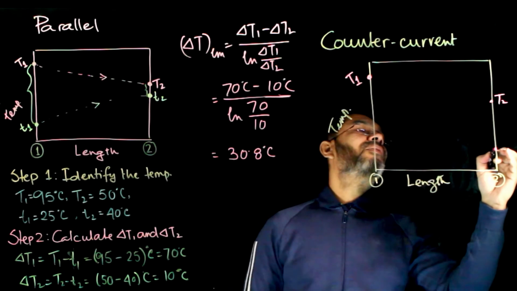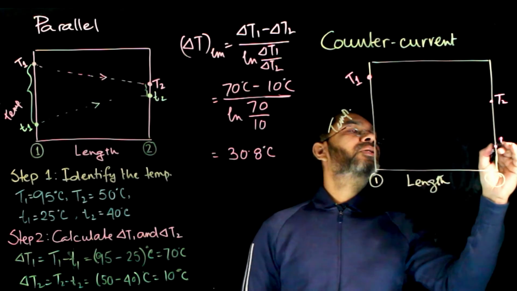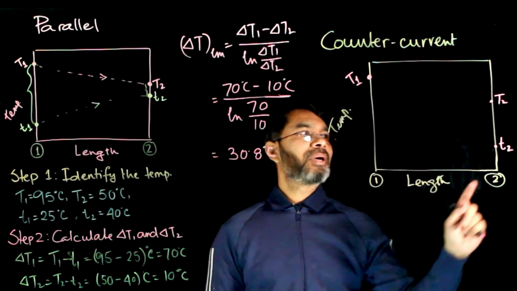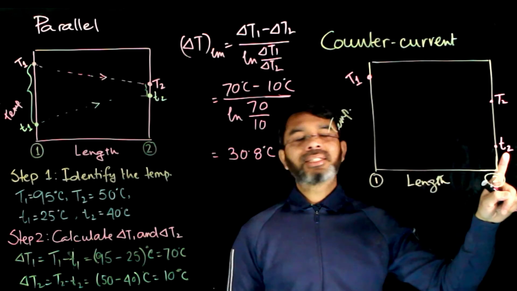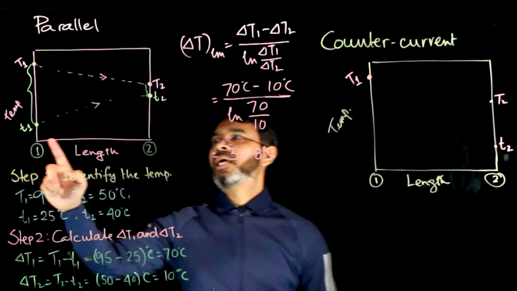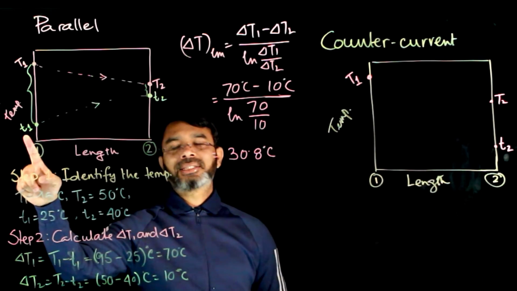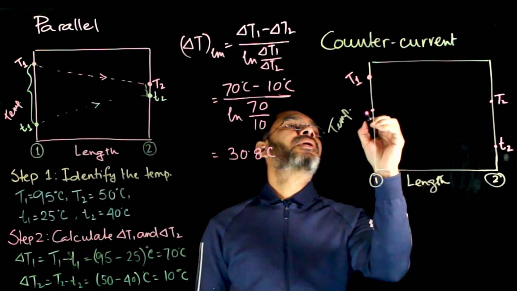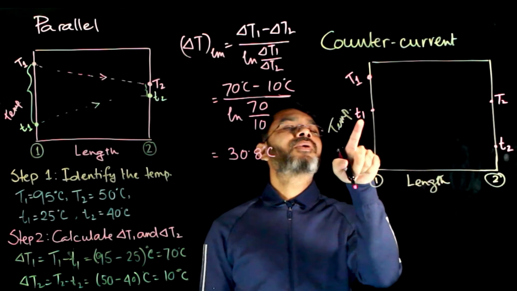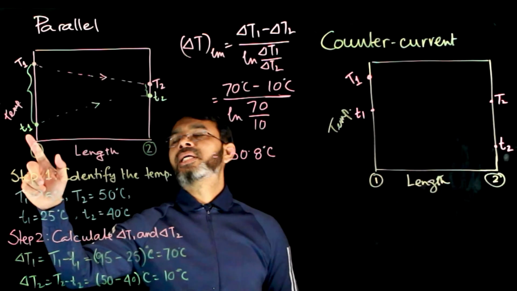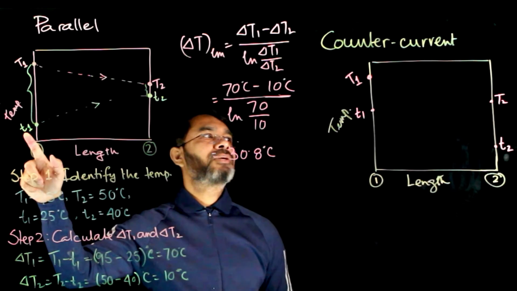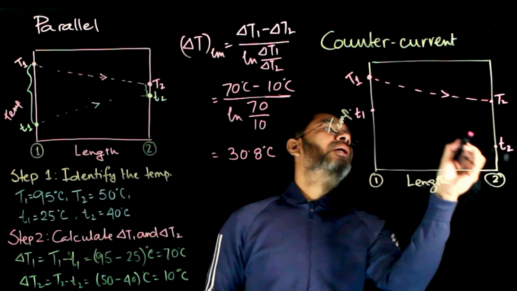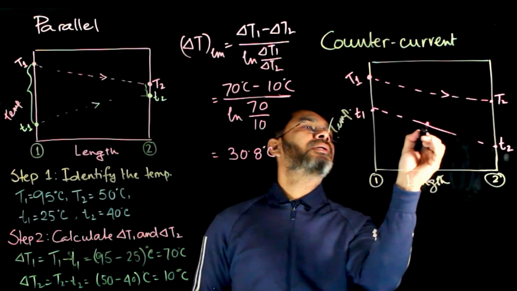The cold stream is entering over here, so t2 is the inlet temperature for the cold stream. Do remember that t2 here is the inlet for the cold stream, whereas before, t1 was the inlet for the cold stream. That's the difference. The outlet will be on this side, t1. So t1 is now the outlet for the cold stream, where small t1 was the inlet for the cold stream in the previous case. That's the difference. So you can have some idea about the temperature profile here and there.